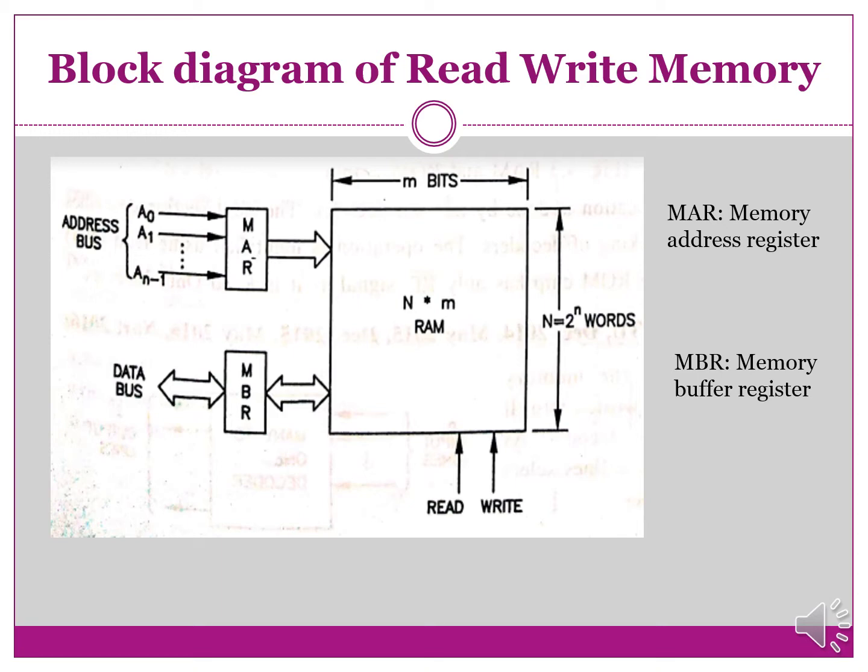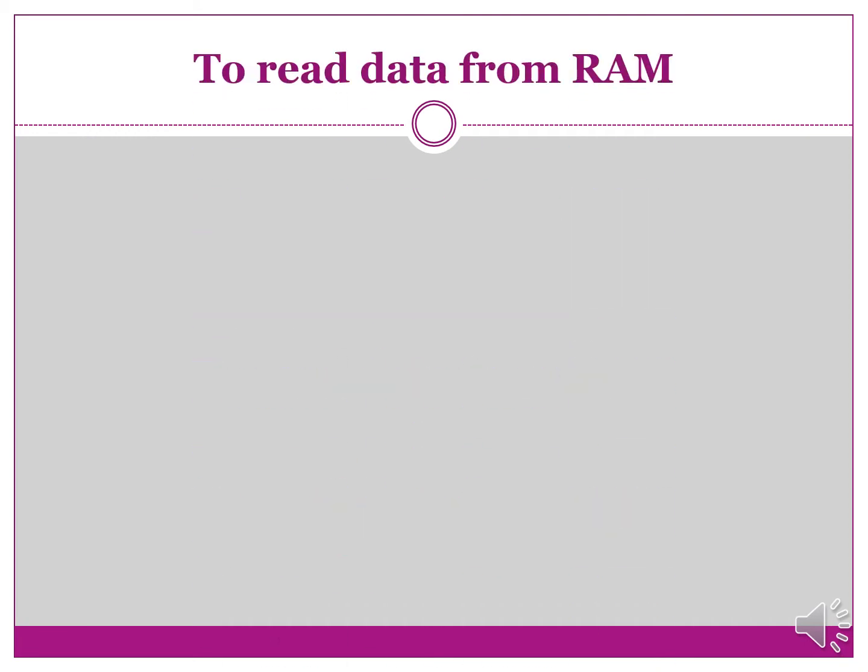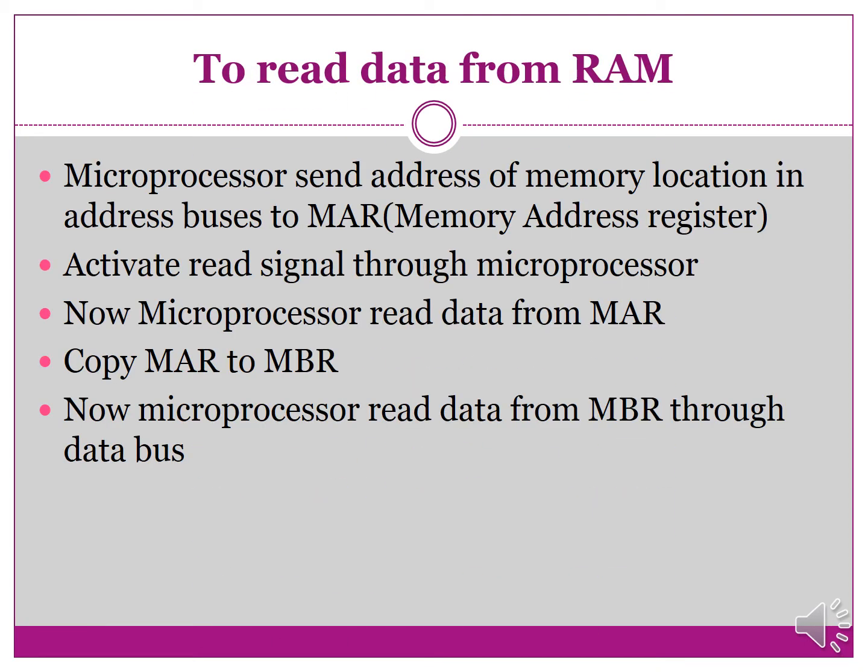MAR means memory address register and MBR means memory buffer register. Memory address register is used to provide the address and memory buffer register is used to store the data temporarily. To read data from RAM memory, the microprocessor sends the address of the memory location on the address bus to the memory address register.